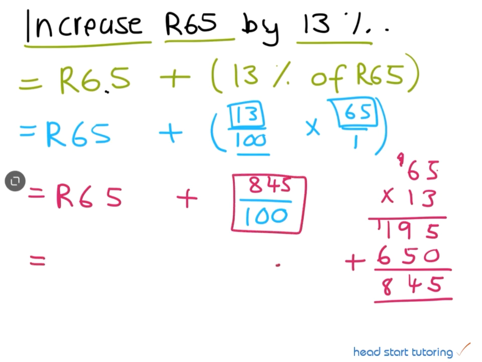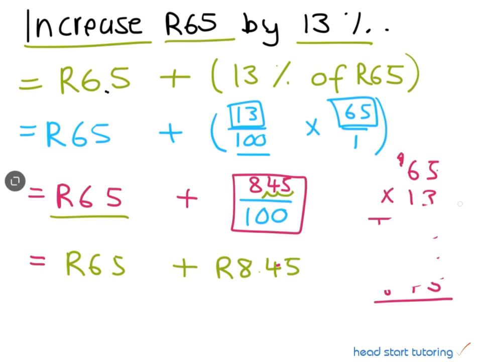And now we need to convert our 845 into a decimal, because we don't want to be plussing 65 Rand with a fraction. We would prefer to be plussing with a decimal. So we've got 845 over 100. So we bring in 2 decimal places and we end up with 8 Rand 45. So we've got 65 Rand plus 8 Rand 45, and that will give us our answer. So let's make some space here.